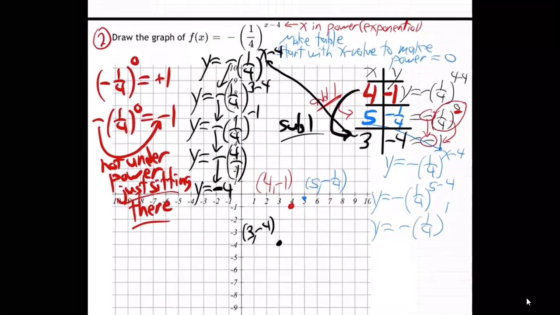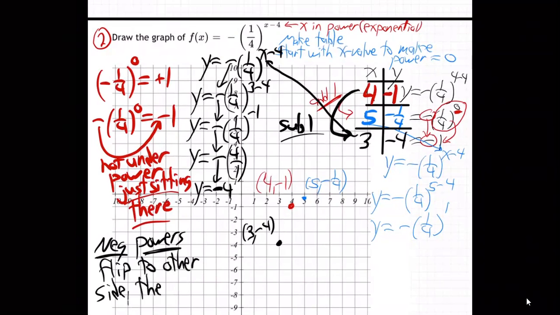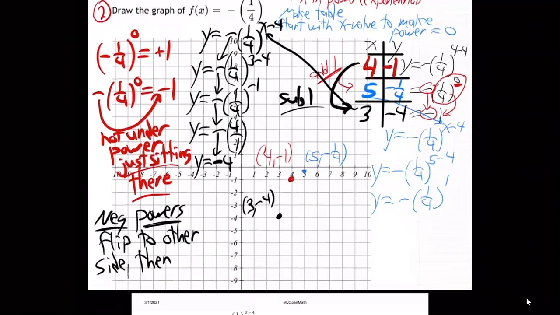Now, let me back up and explain. You might still be thinking, what just happened there? Negative powers, remember? Negative powers flip, remember, they're unhappy. It's really important in this section to know about negative powers. Flip to the other side, flip the whole fraction, then become positive.